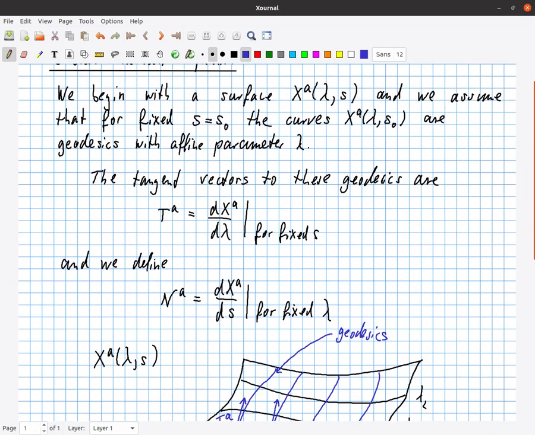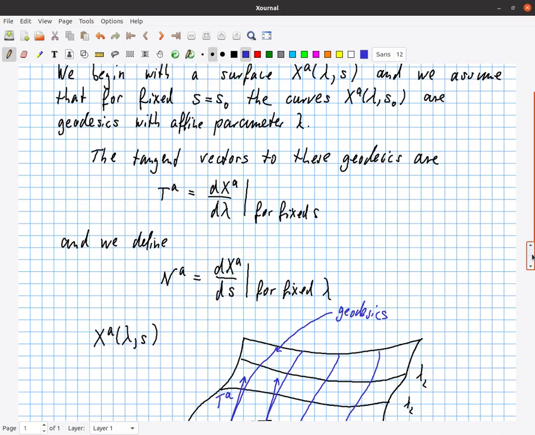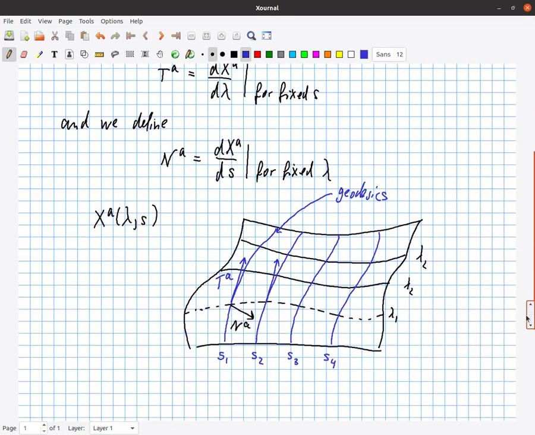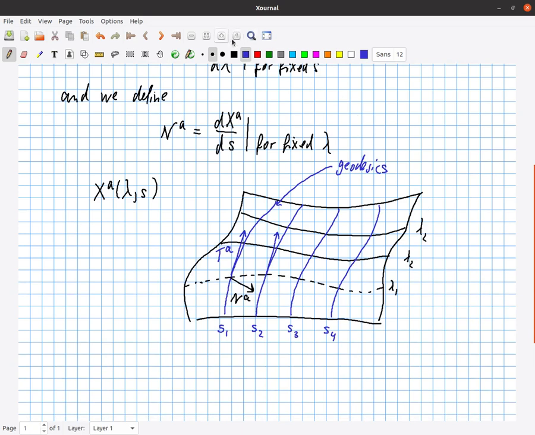So we say that for fixed s0, this is a geodesic, and it is additionally affinely parameterized, so we can always make that choice. However, I shall point out that we cannot also assume that these other curves are geodesics. They're not.